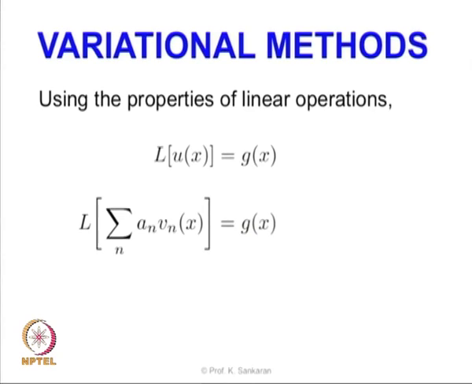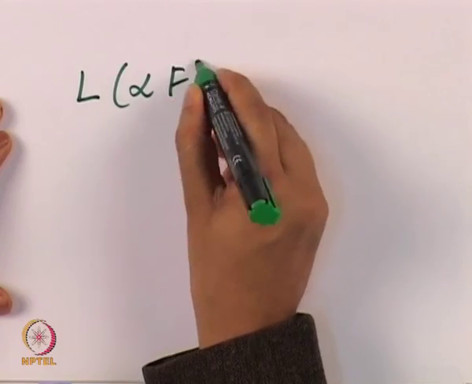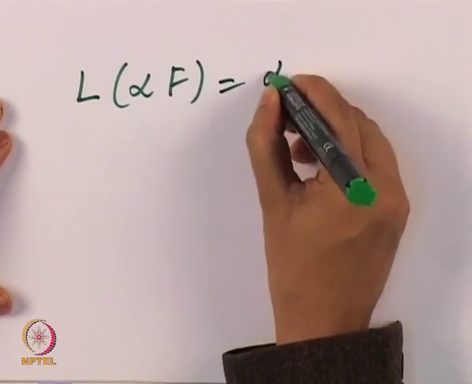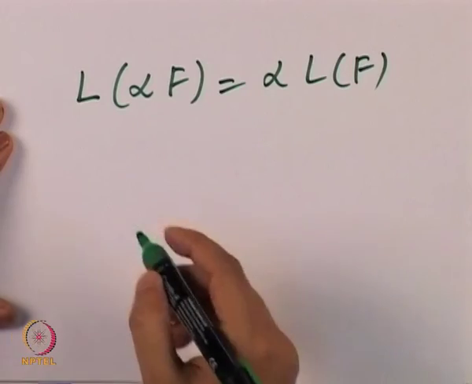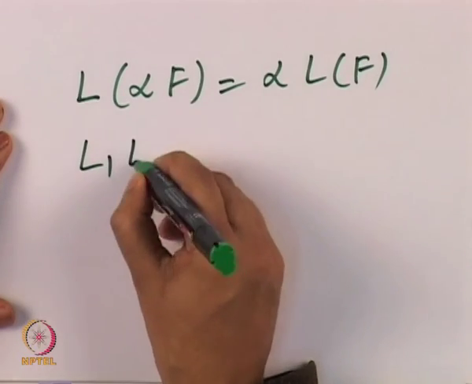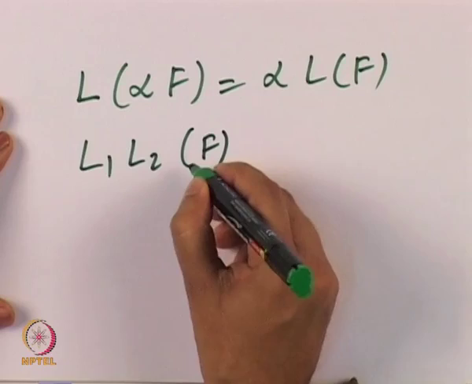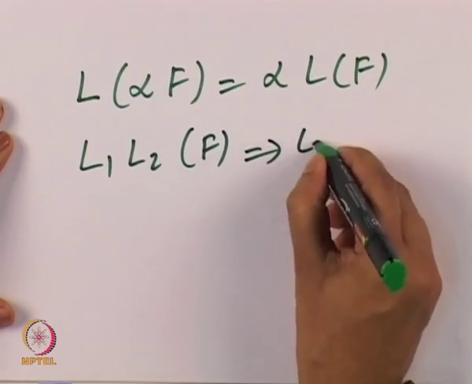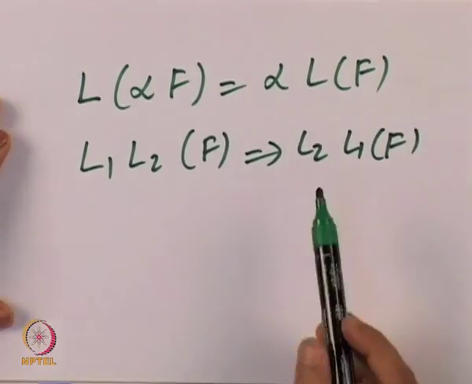Let me write this on a separate page. Remember that we said that the operator L operating on a scalar multiplied by a function will be given by alpha times L of f. And then there were also some other properties, L1, L2 operating on a function is equal to L2, L1 operating on a function. So basically the operator has certain properties.